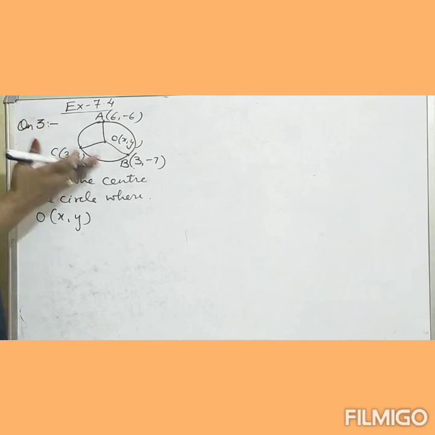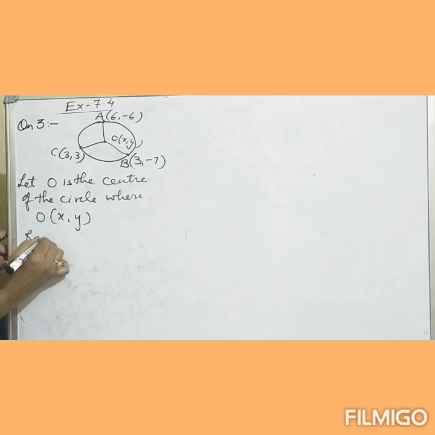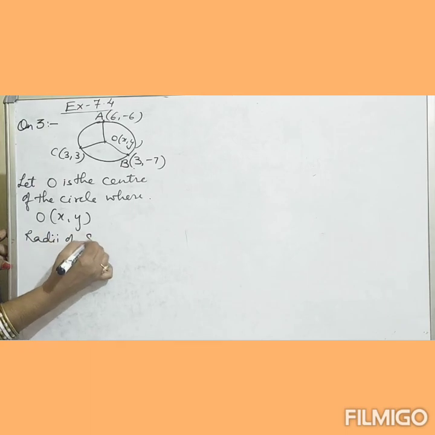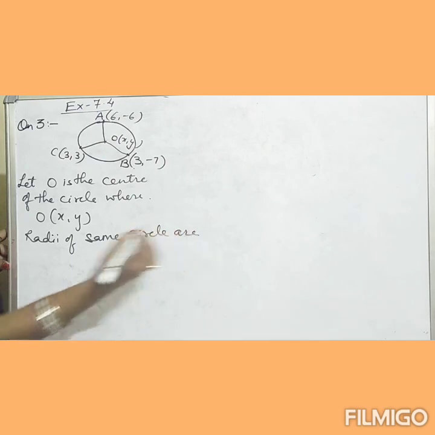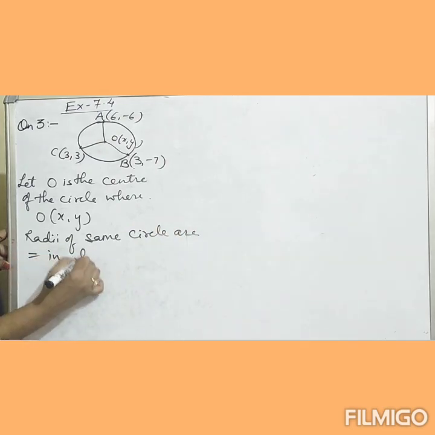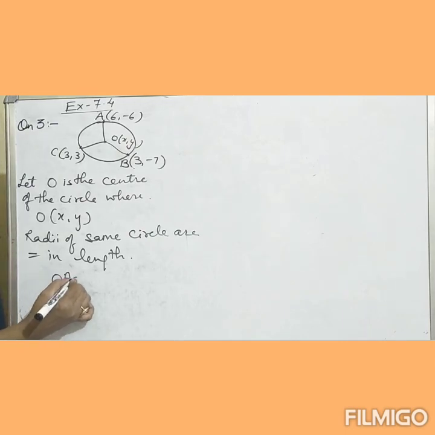So from here, you can get 2 equations, since radii of the same circle are equal in length. We all know this, so we just have to apply this condition here. So I can write OA equal to OB equal to OC.